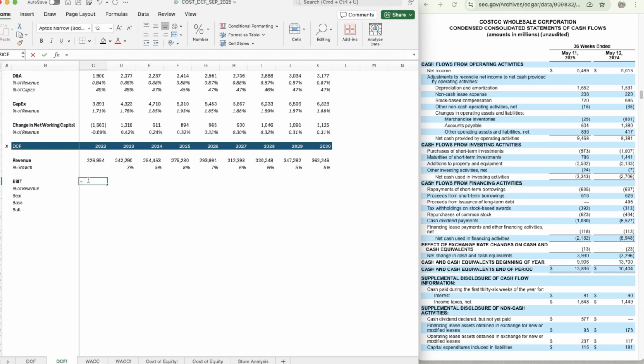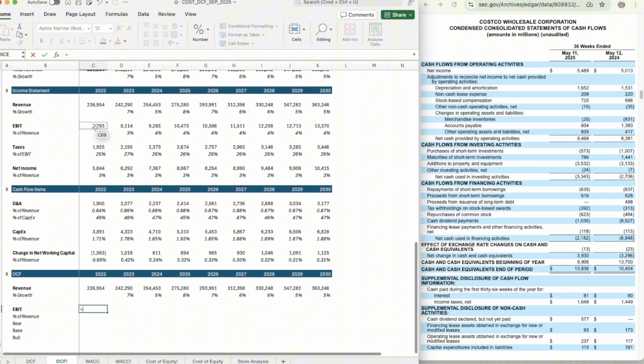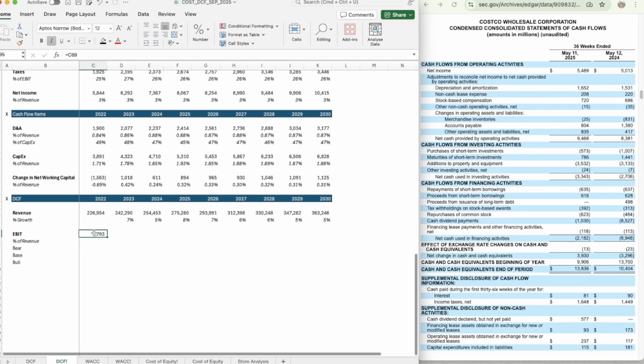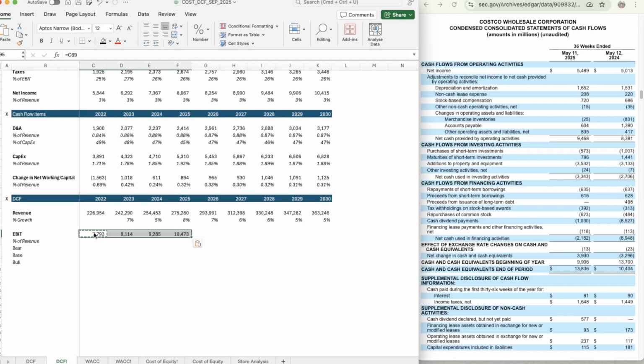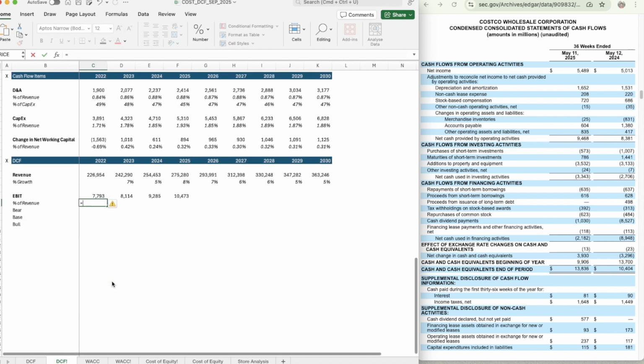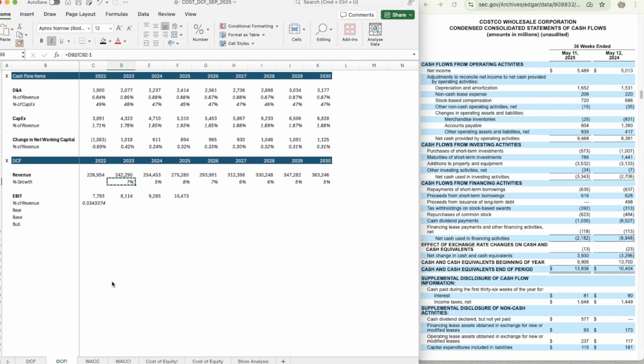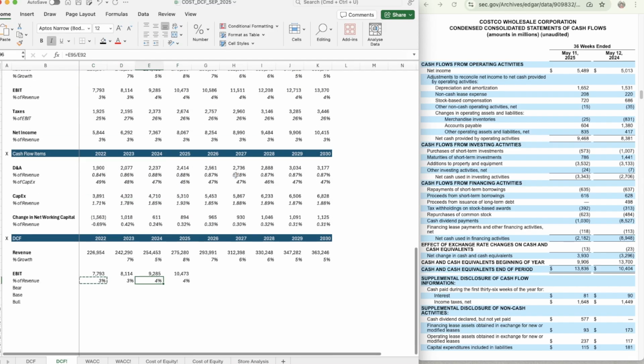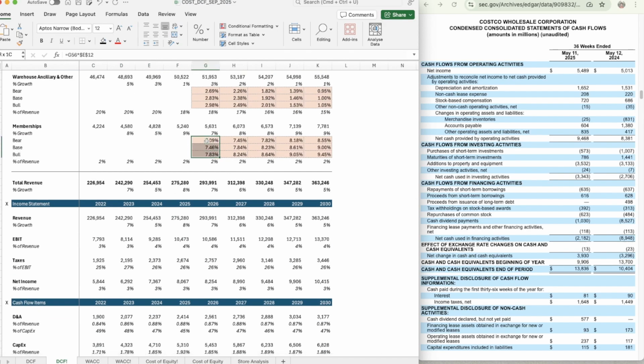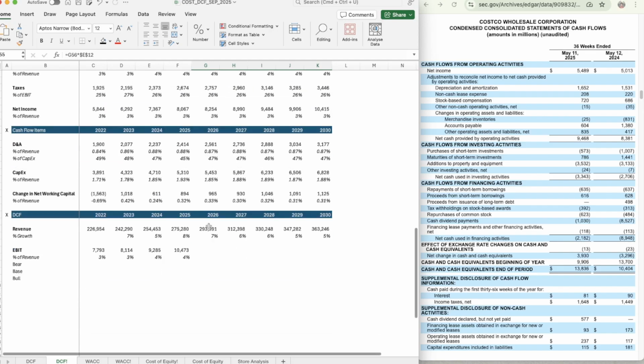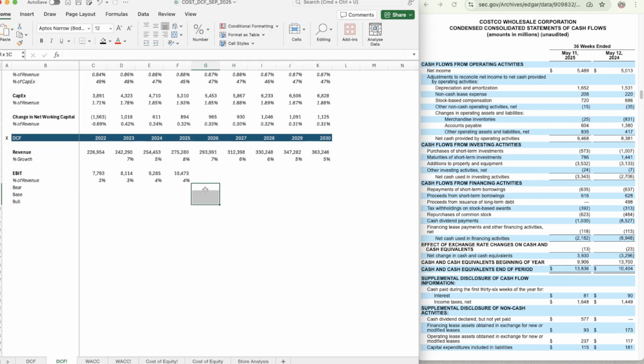And so EBIT up until 2025, we just copy it along and we do the usual. Now we want our boxes so that we can simulate the different scenarios.